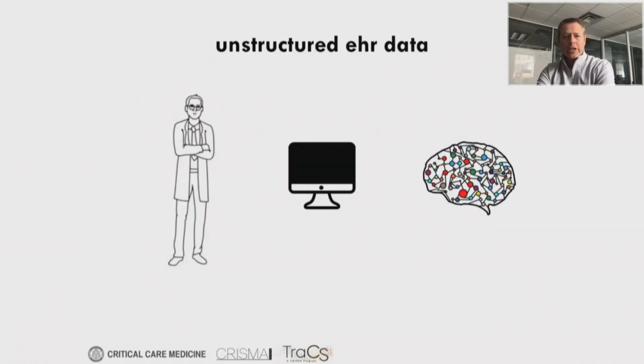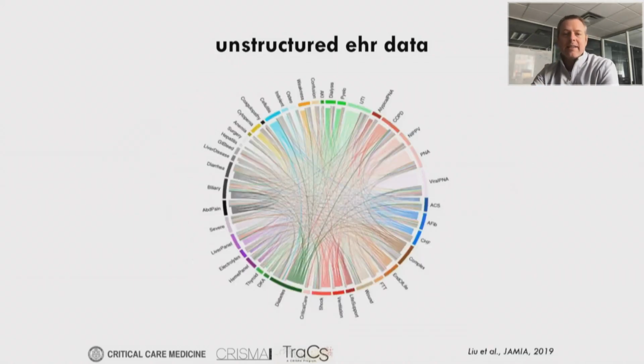So what about unstructured data? In this context, I'm referring to clinical notes written by clinicians in the electronic health record that might include symptoms or labels provided by clinicians, as mentioned earlier. There is emerging science in this area.